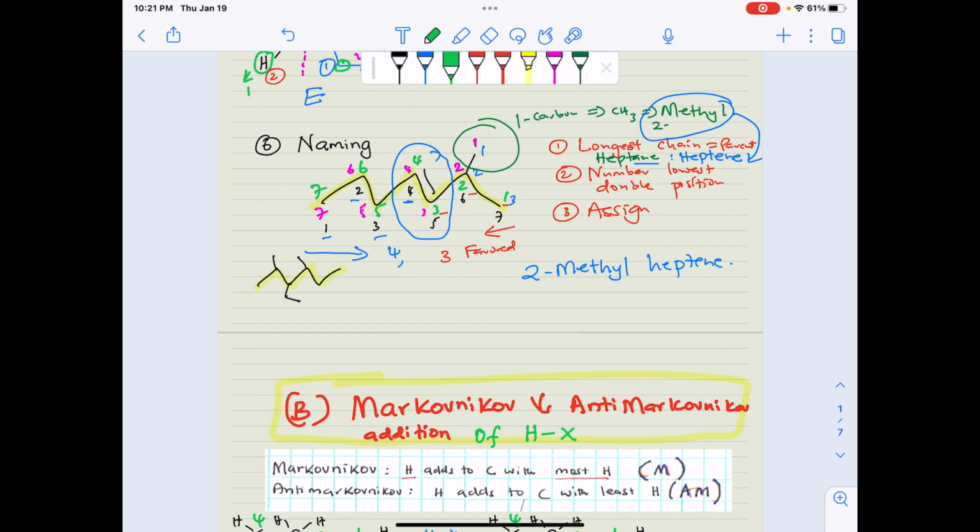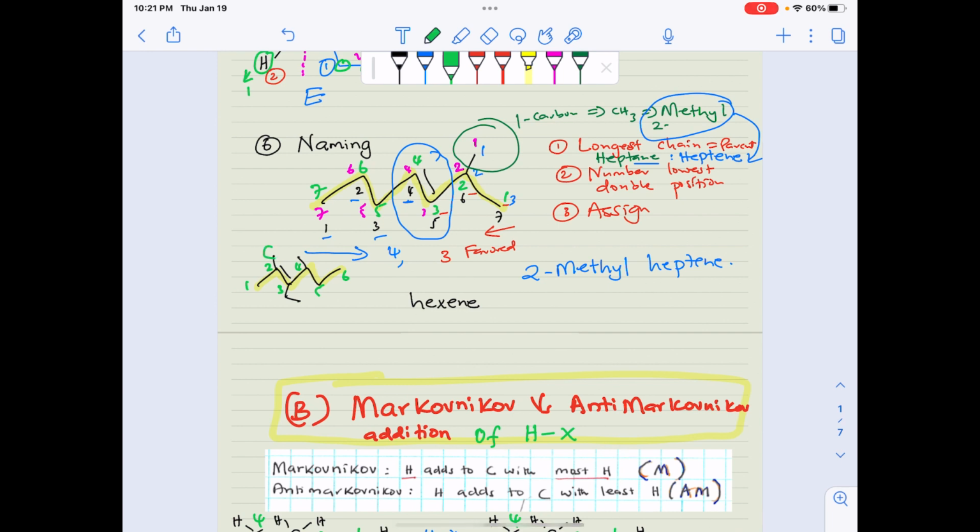The lowest numbering system, so 1, 2, 3, 4, 5, 6. Let's show the position of the double bond. The double bond is right there, so the double bond is on position number 2. And because it has 6, the parent name becomes hexene. That's the parent name. But now we need to list the groups, the side groups.